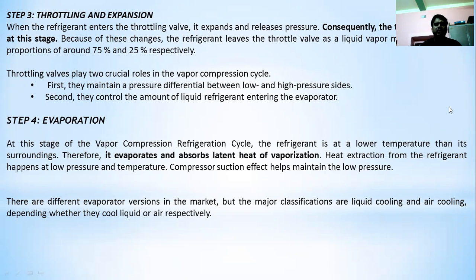There are different evaporator versions in the market, but the major classifications are liquid cooling or air cooling, depending on whether they cool liquid or air respectively. So these are the four steps in a vapor compression refrigeration cycle, which is used in our food industry for cold chain, for cold storage, etc.